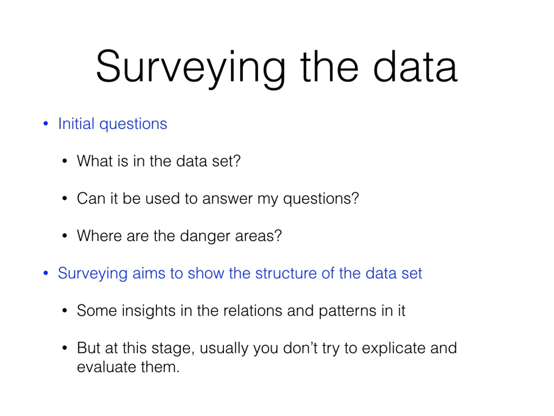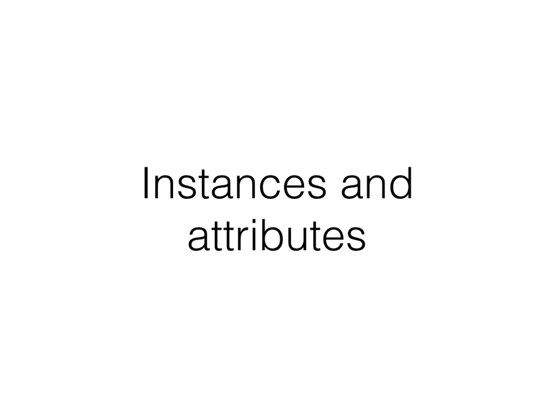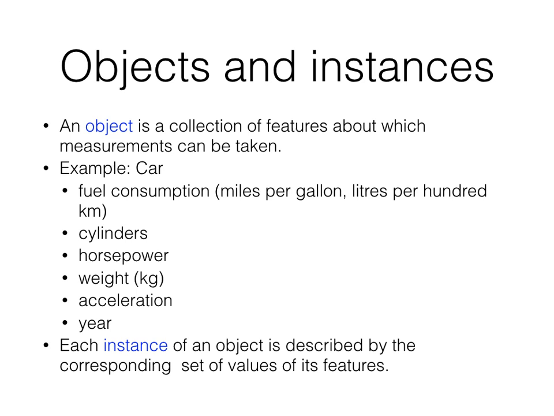Let's look now at some fairly basic ideas in data, instances and attributes. The first thing we're going to look at is objects. We can think of an object as some collection of features, and we can take measurements of the features. An example would be a car. A car has some features.